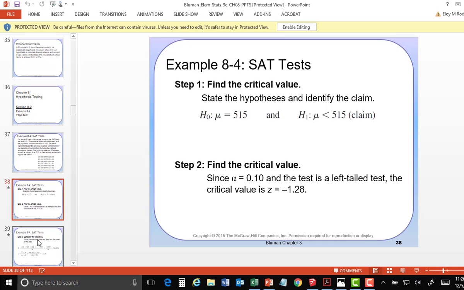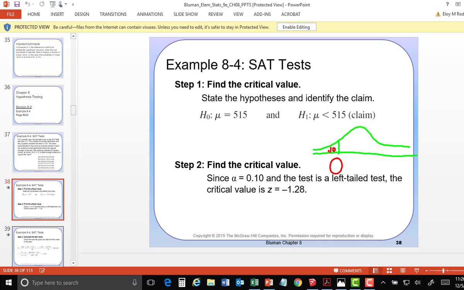So this is going to be a normally distributed test, and in this case we're going to have a left-tail test. So we're going to put all our alpha in here, 0.10. Be with me? And we have to find this critical value. If you look inside the normal distribution table, not along the margin but in the guts, look for as close as you can get to 0.10, and you should get this critical value, not test statistic.